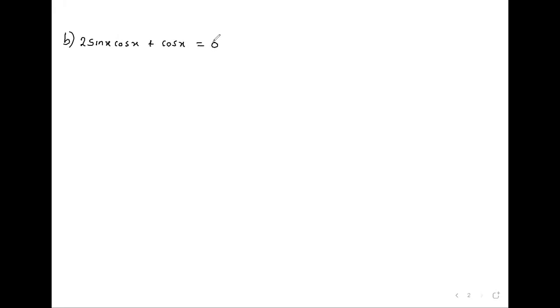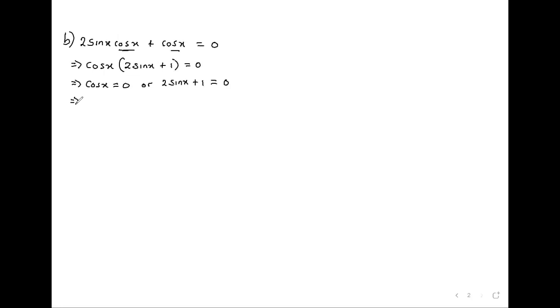We factor out common variables. So we have cos here. We'll factor out cos and we remain with 2 sine x plus 1 equal to 0. So we'll have cos x is equal to 0 or 2 sine x plus 1 is equal to 0.